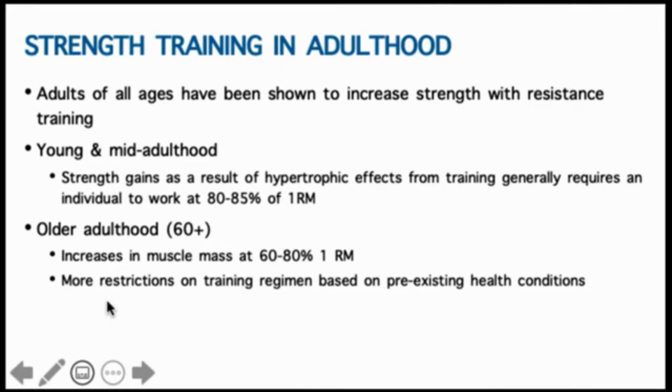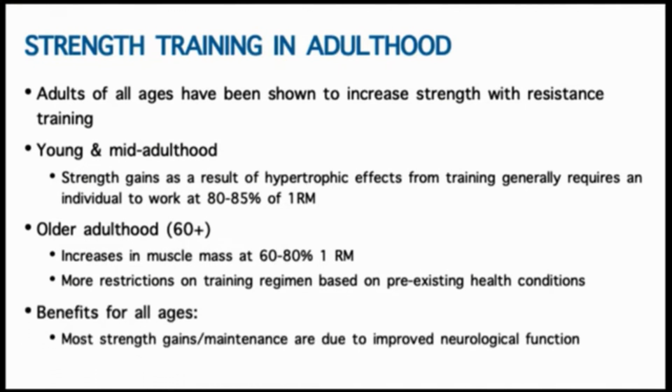If they have a heart condition or osteoporosis and their bones are brittle, maybe they need to work at lower weight, higher reps. But regardless of age, we can still see increases in strength, even at these different percentages between moderate and high. So there are benefits for all ages.